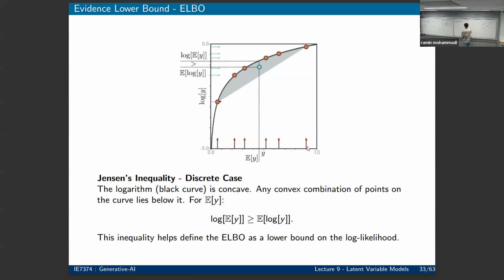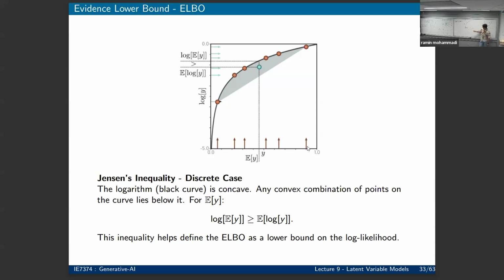Let's say this is the distribution of Y. Every time I sample one data point from Y, I find its log value. I sample another Y, and so on. It will look like this because it's a log function. If you connect them together, that is the log of Y for every Y you pick.